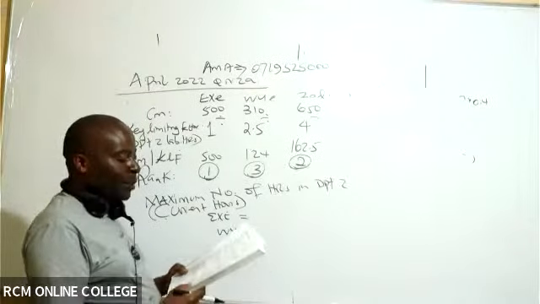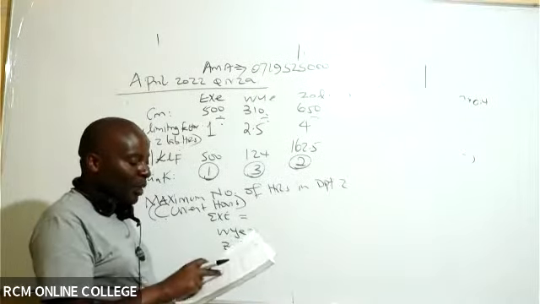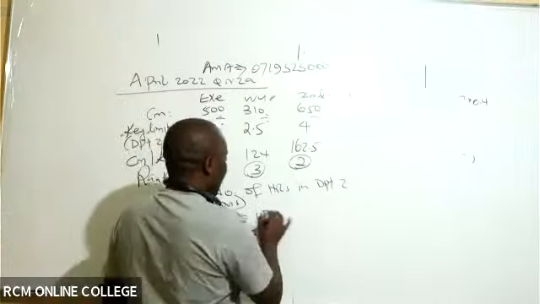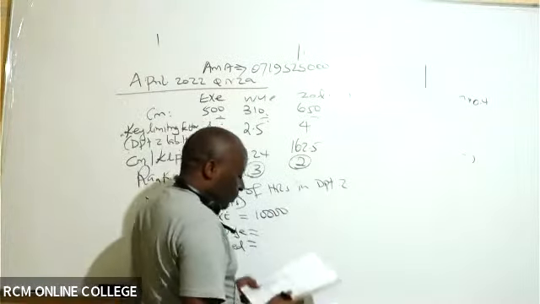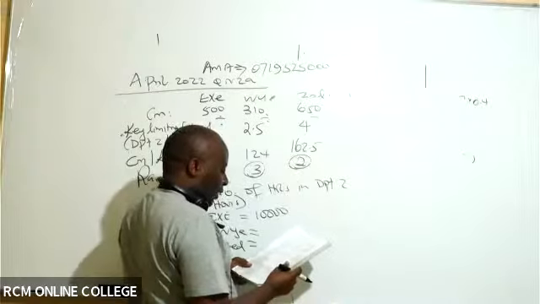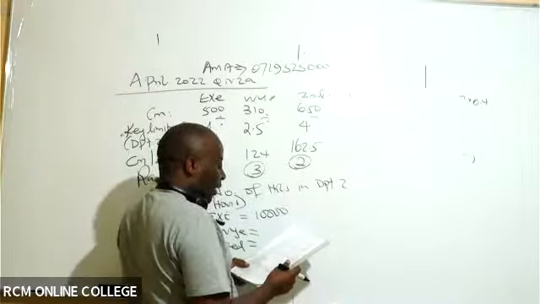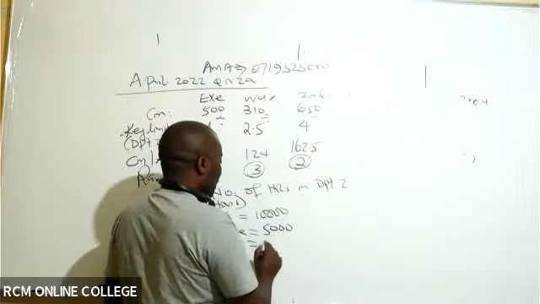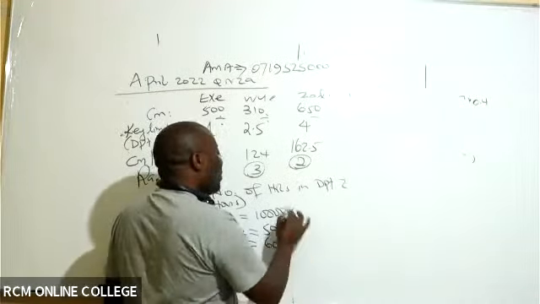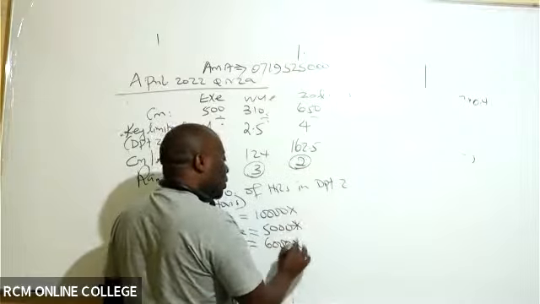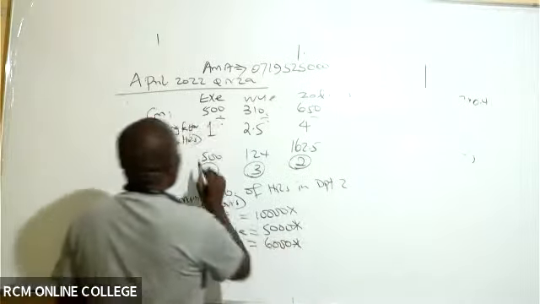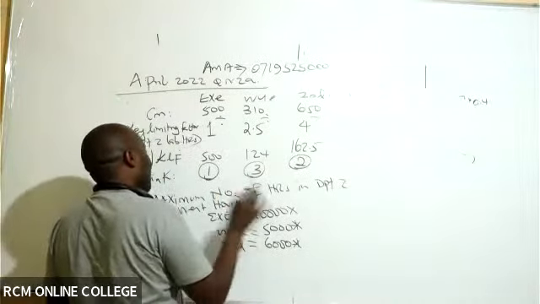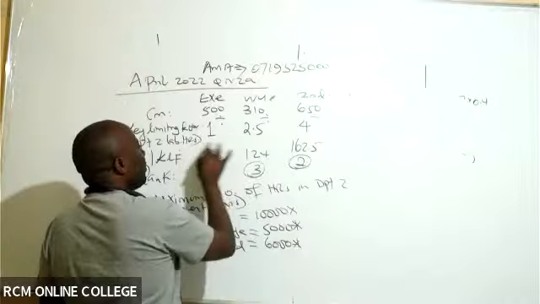On the very first paragraph, they have given us the current production of 10,000, then 5,000 and 6,000. Remember, we are only interested in department 2. I want to get the maximum number of hours in department 2. I know each unit in department 2 is taking this.